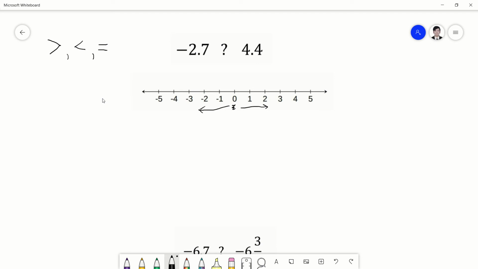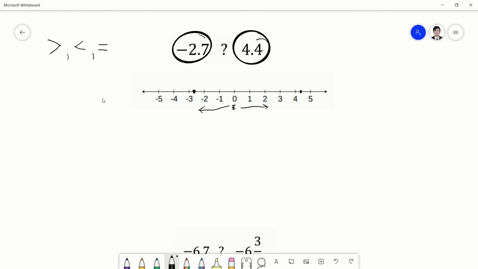So looking at the two numbers here, one is negative, one is positive. Negative 2.7 must be here on the left part of the 0, so it could be somewhere here. And 4.4, 4 is here, then 1, 2, so 4.4 is somewhere here.